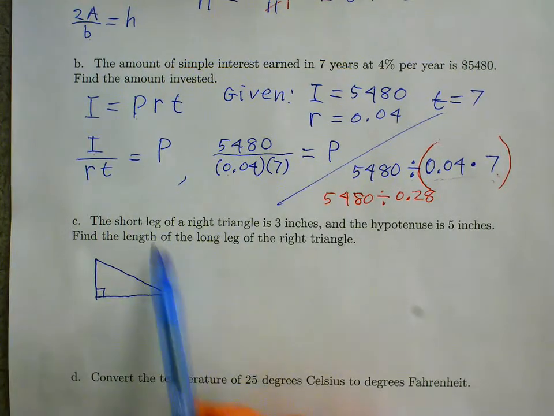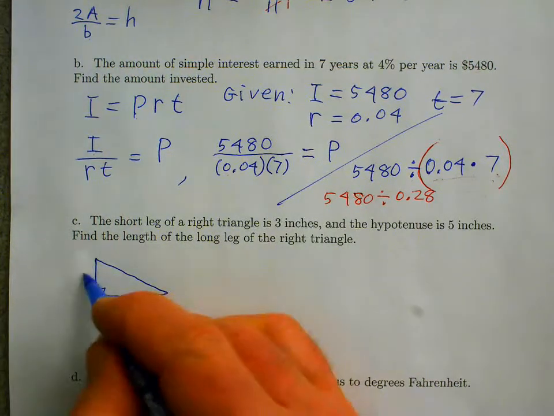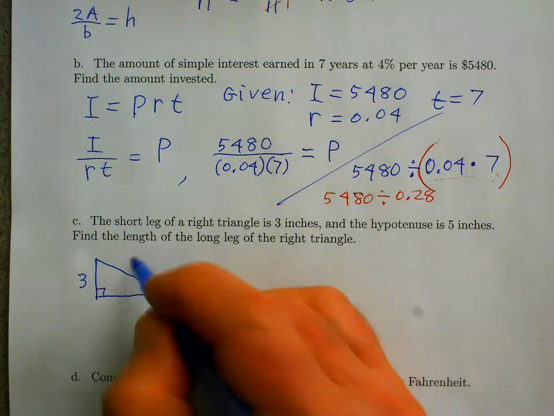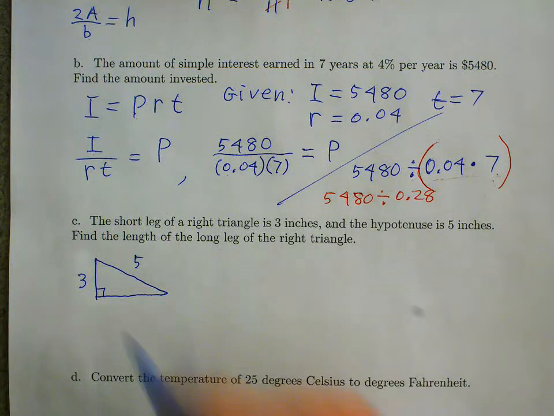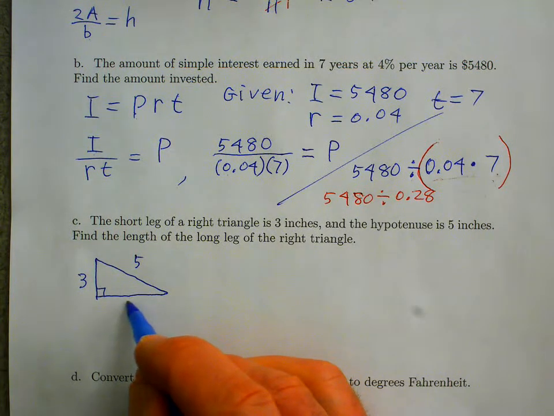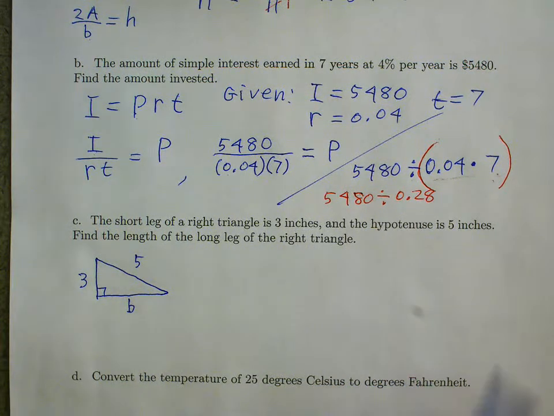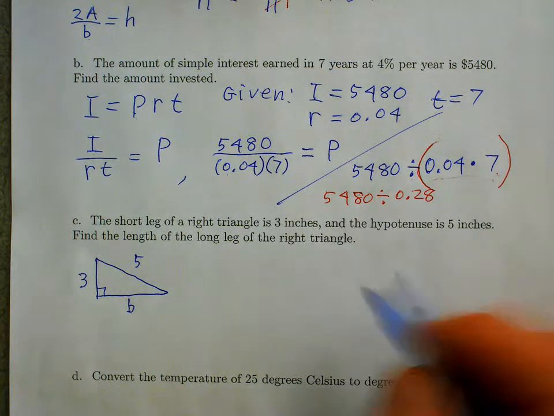I'll just label the long leg with B. I could use a different letter if I want. I just chose B. And then we remember the Pythagorean theorem.